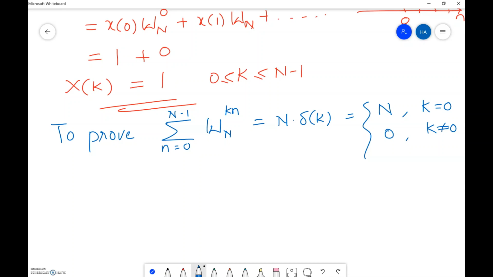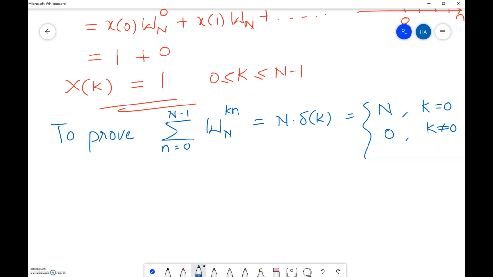So this problem is not to find the DFT actually, right? Instead, it is to prove that the summation of the twiddle factor W_N power kn will be N into delta of k. Such kind of problems we come across when we apply the properties, and you can also make use of this relationship there whenever it is required.